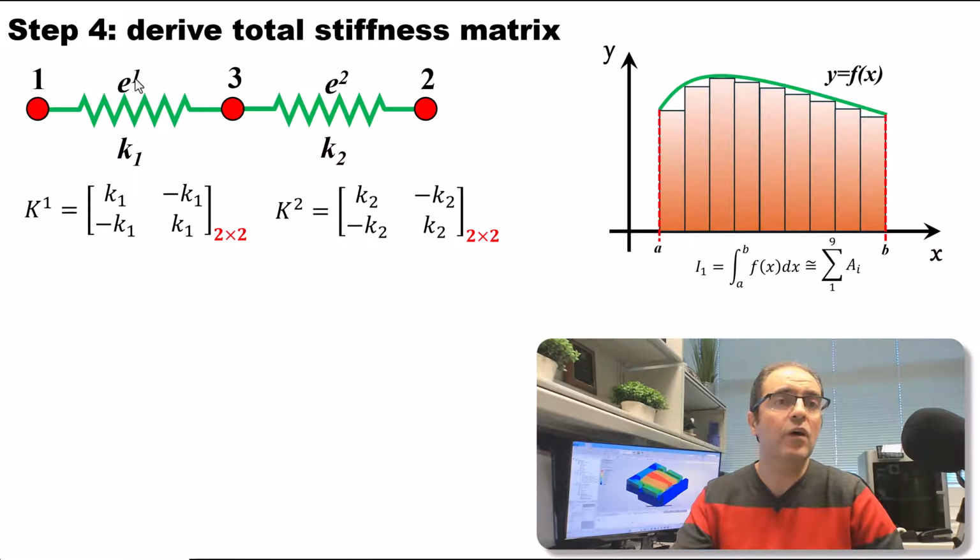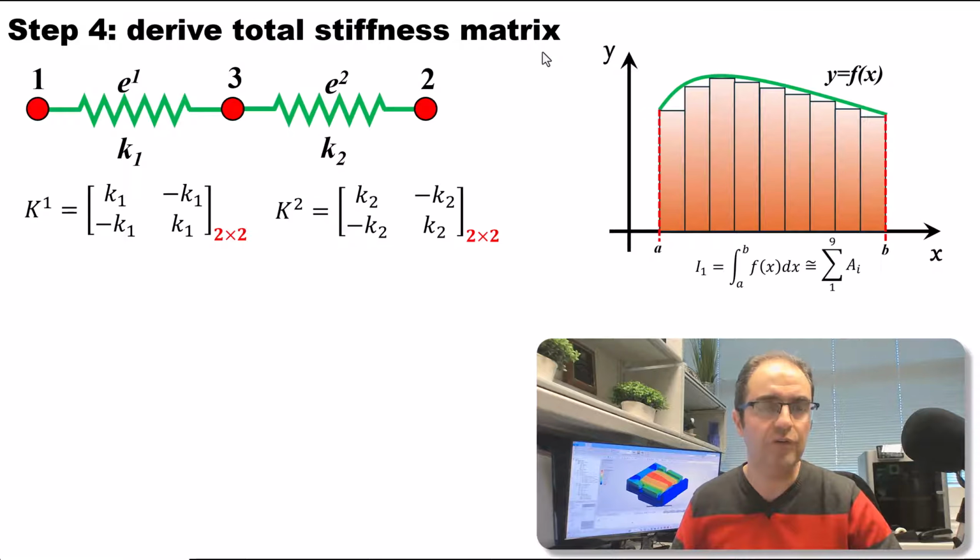To do this, I want to have a very simple structure. So this structure has only 2 springs. This is enough for our discussion, because if you have bigger structures, the calculations are just going to be more, but the concept is still the same.